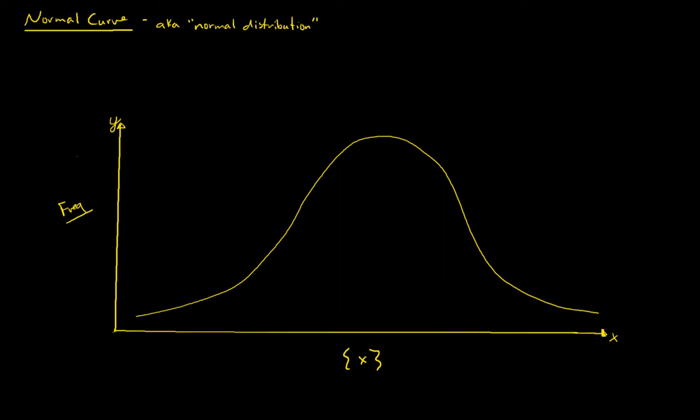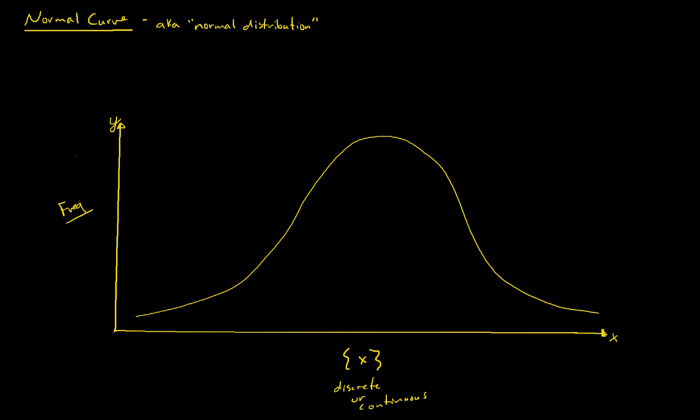Some x variable could be anything. It could be dichotomous, heads, tails, males, females. It could be continuous, looking at the number of push-ups or pull-ups, exam scores. So down here could be discrete or continuous in terms of the types of variables that we have.